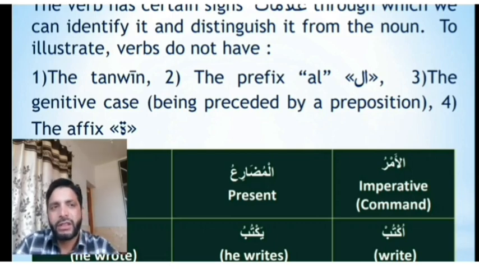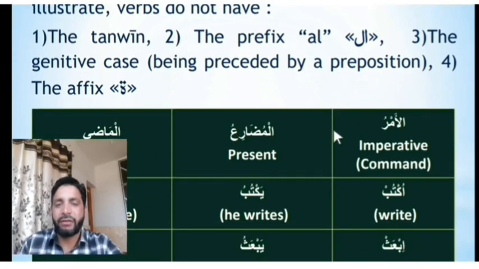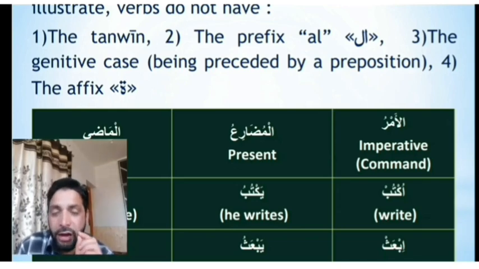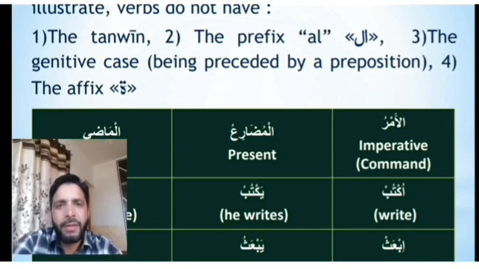The fourth sign of a kalima being a noun is that you find this circular ta at the end of it. So when you find this circular ta at the end of any kalima, you have to understand that this kalima will never be a verb. In this way, these were some of the alamat.